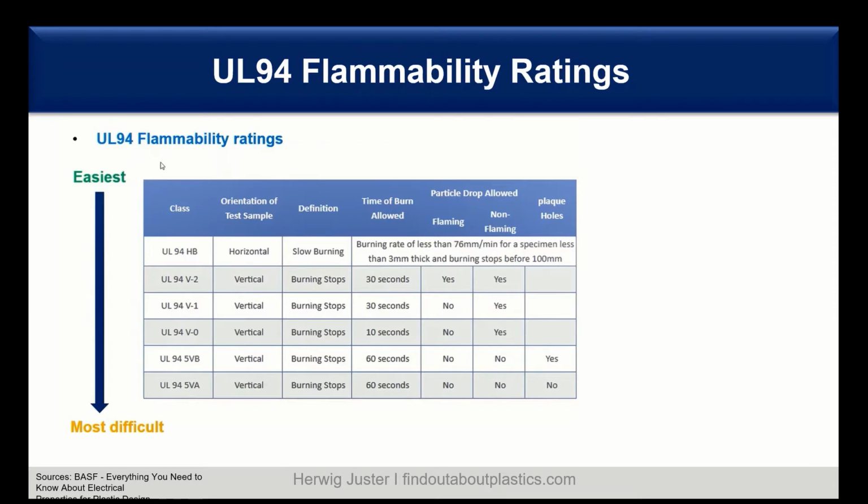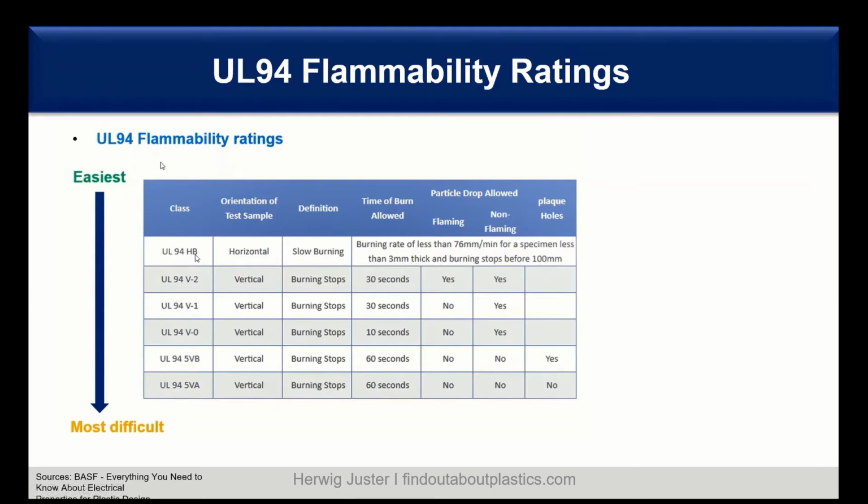Okay, let's start with the UL94 flammability ratings. So here in this table you see the different ratings you can have, starting from the easiest to the most difficult one, and also with some explanation.